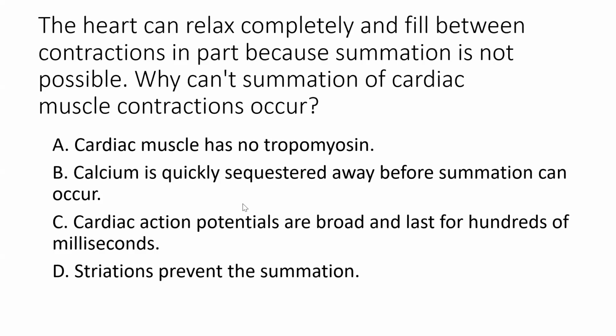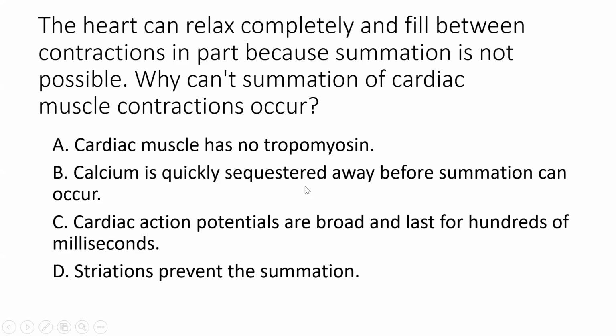We did talk about the fact that cardiac action potentials are longer, so they're more sustained and they last many milliseconds, whereas a skeletal muscle action potential is 1 to 2 milliseconds. So because cardiac action potentials are longer, they cannot be added together, they cannot undergo summation.